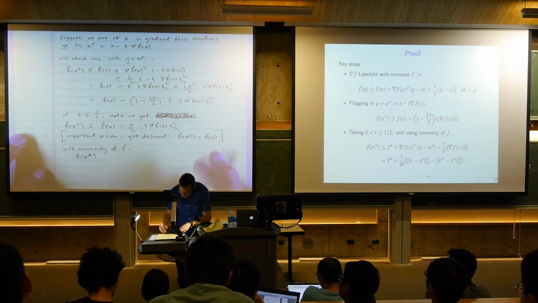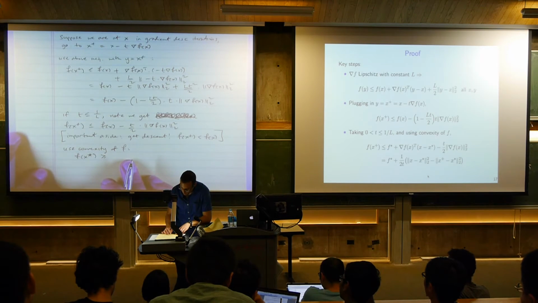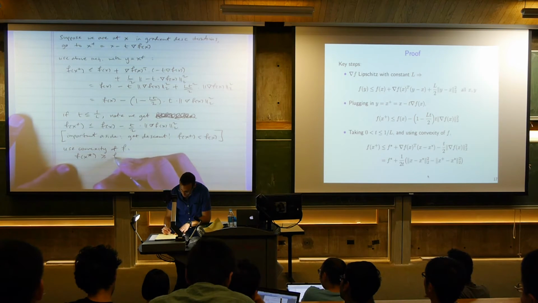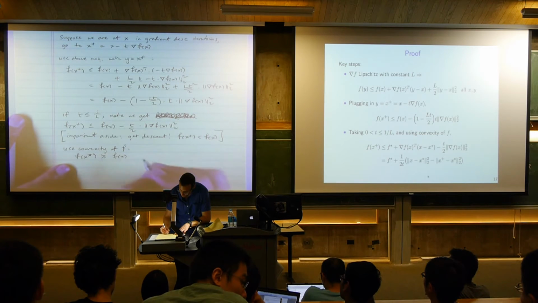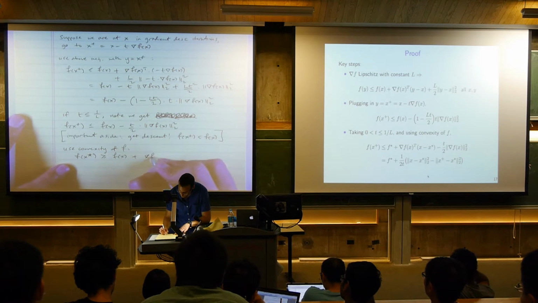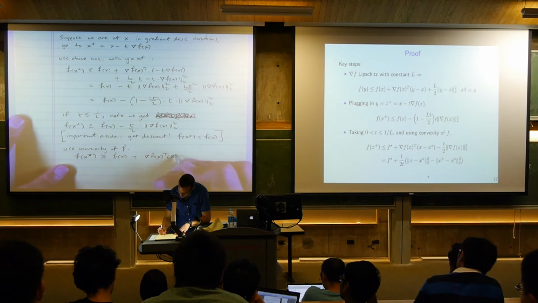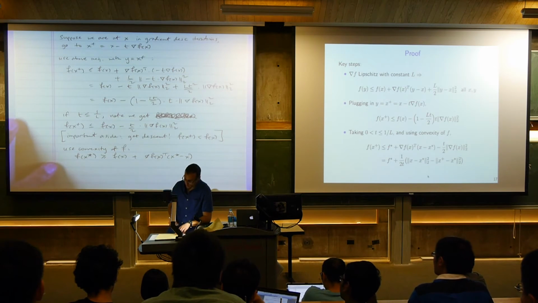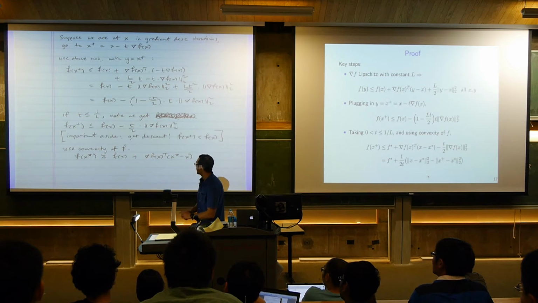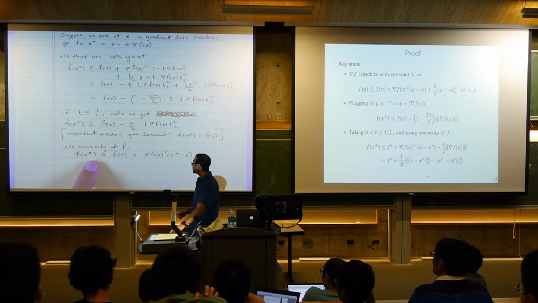By convexity of f, f must lie above its tangent line everywhere, so in particular that must be true at the point x. So this is what we know from convexity of f, and also the fact that f is smooth.